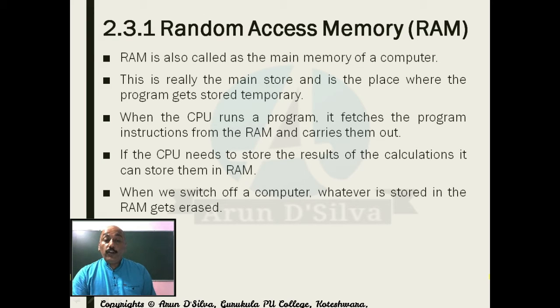When we switch off the computer, whatever is in the RAM gets erased. As you switch off the system, it is automatically cleaned. Till the computer is switched on, the data will be there in the RAM.